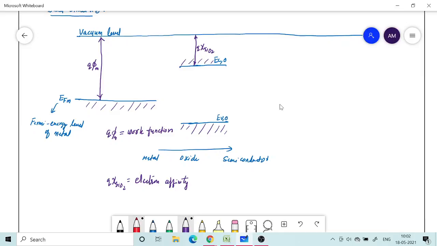Now in semiconductors there are a lot of things. Again there is going to be a conduction band and a valence band, but they are not very far away. Let me just draw it. Again I don't want to connect them, so I'm drawing it separately.